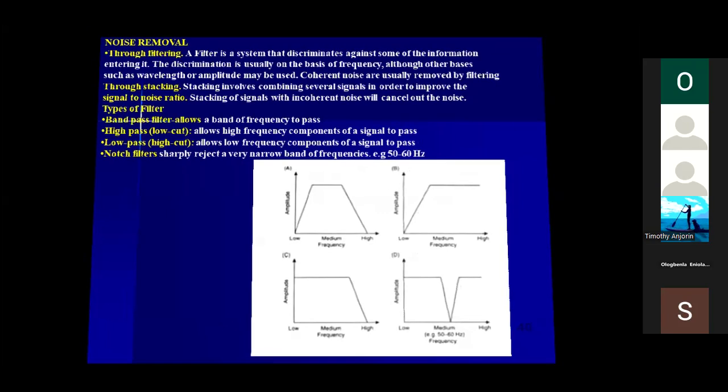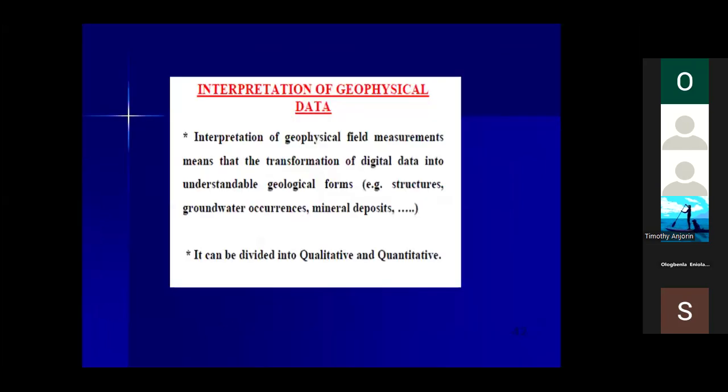I said for your interpretation, firstly, you talk about your measurement, that's data acquisition. You talk about your data processing using software. Then you talk about generating the model, which you now interpret. For your interpretation, we have quantitative interpretation and qualitative interpretation. The quantitative interpretation deals with numerical values; you estimate, you calculate.